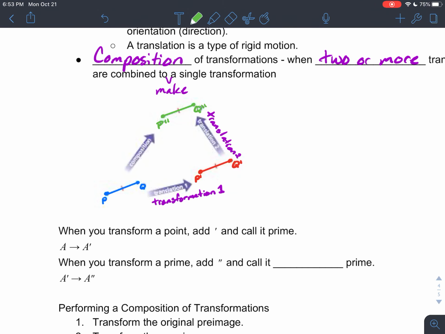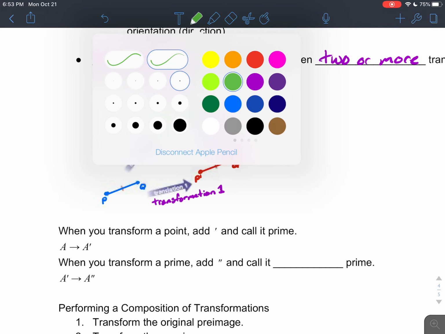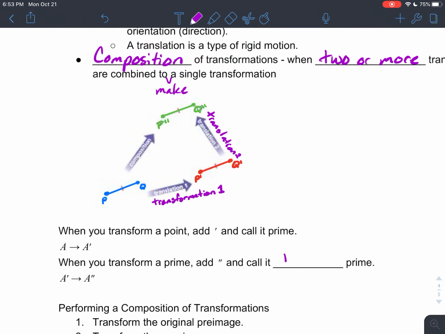So when you transform a point, you add an apostrophe and you call it prime. So A becomes A prime. When you transform a prime, you add another apostrophe. So apostrophe, apostrophe, which ends up looking like a quotation mark. And then you call it double prime. And yeah, it does keep going, triple prime, quadruple prime.